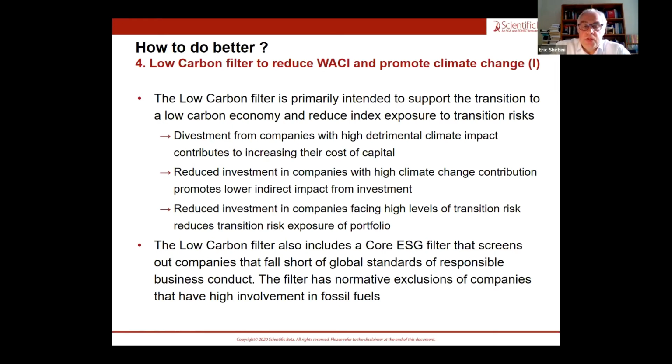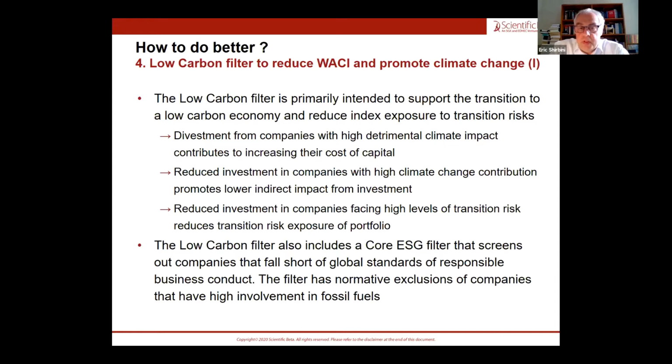So this low carbon filter is applied at the investment universe level before we start constructing the defensive strategy. It really helps us to support the transition to a low carbon economy, and also it'll help us insulate ourselves from the transition risk as the world moves towards a low carbon environment.